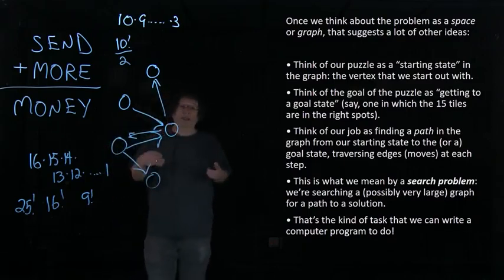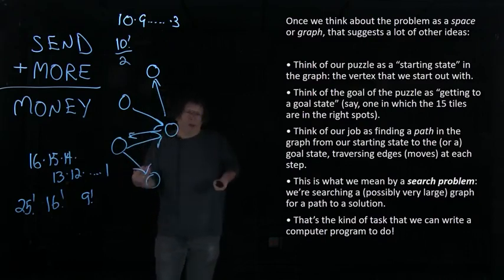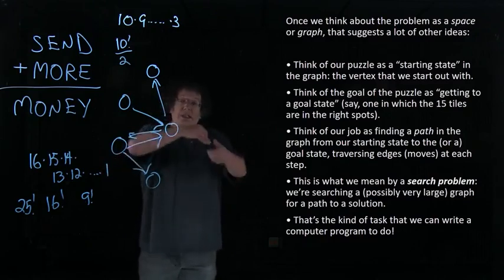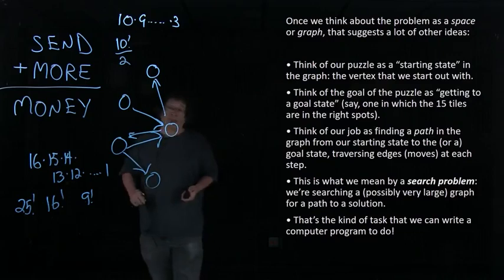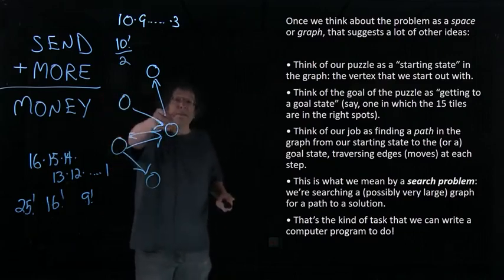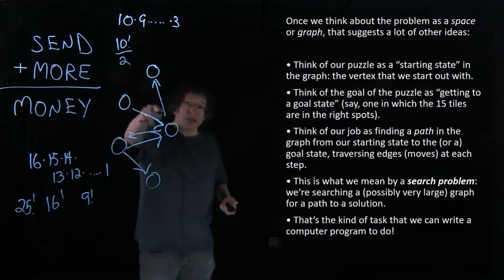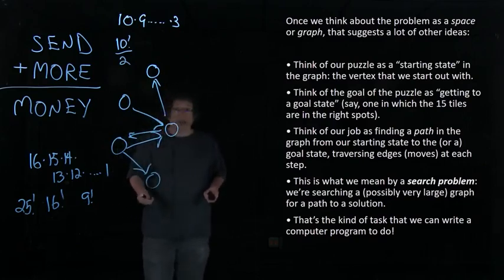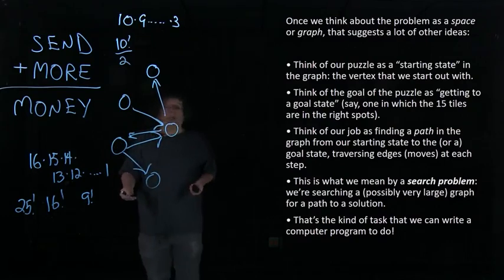So in the case of, say, the 15 puzzle, there would be one state in the graph that represents the arrangement of tiles from 1 to 15 followed by a blank. That's the goal state. And our job is to find a path in the graph, starting at our start state and moving over edges, because those are legal moves, to get to the goal state.